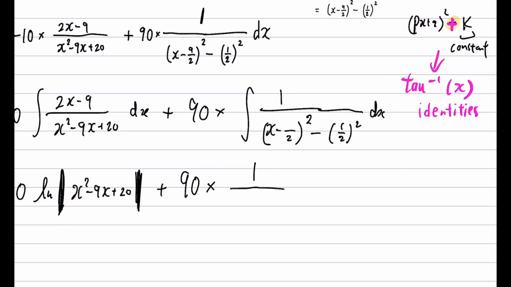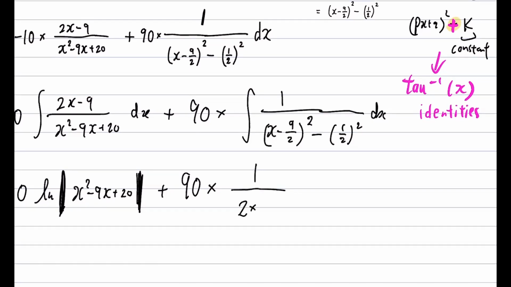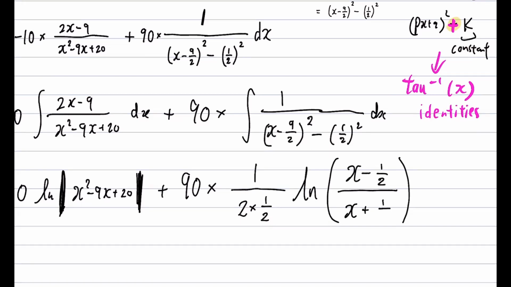The a is half. Yes, correct. So it's 1 over 2a, which is 2 times half. Then multiply by ln of bracket fraction. What's my x minus a again? The half. What's my denominator? x plus half, plus c. Finally, that's an integral.